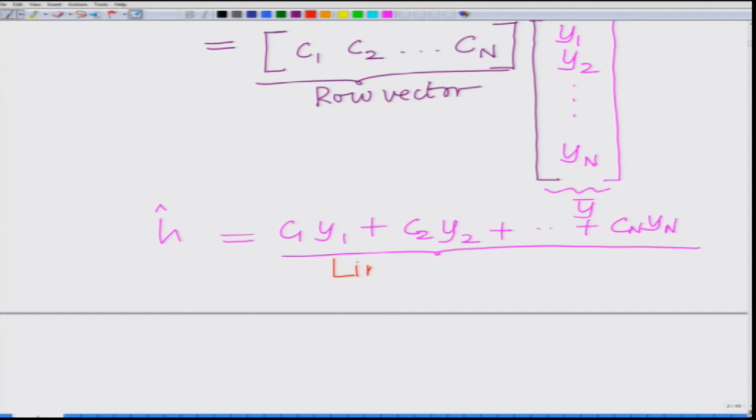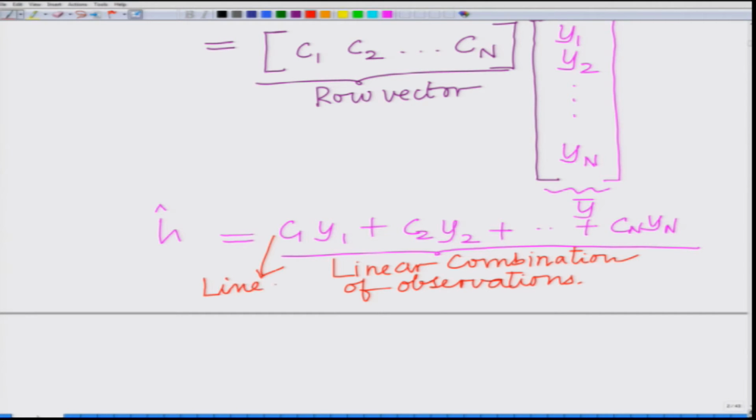This is a linear combination of the observations, therefore this is a linear estimate.